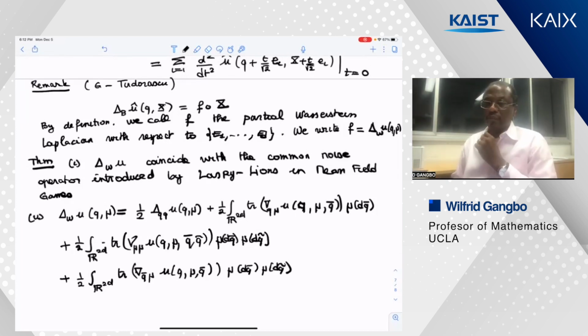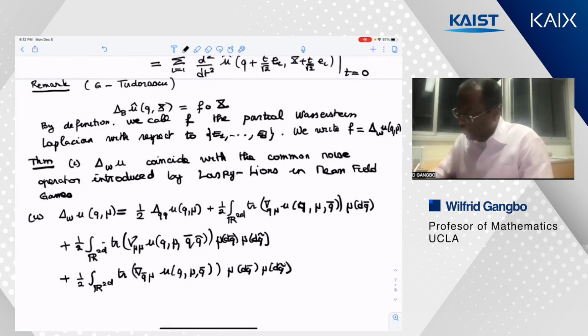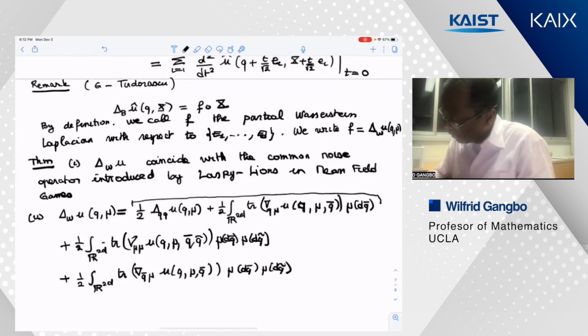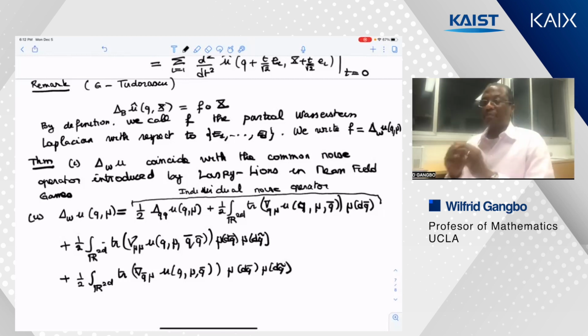So I need to give you some explanation to understand this complicated term. But before, I wanted to group these two together because this is what is called the individual noise operator in mean-field games.